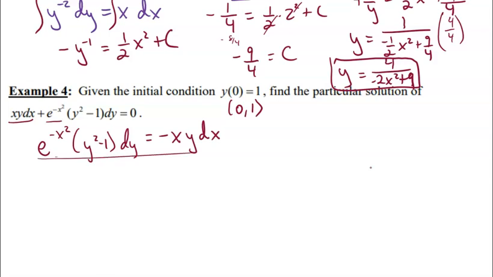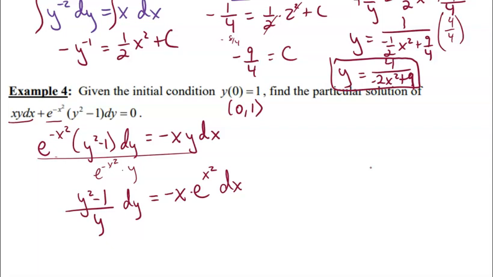Okay, so dividing everything by e to the negative x squared and a y, I get y squared minus 1 all over y times dy equals, okay, this right here, e to the negative x squared, if I divide by that, it becomes multiplying by e to the positive x squared. So 1 over e to the negative x squared is e to the positive x squared. So I end up with negative x times e to the positive x squared dx.